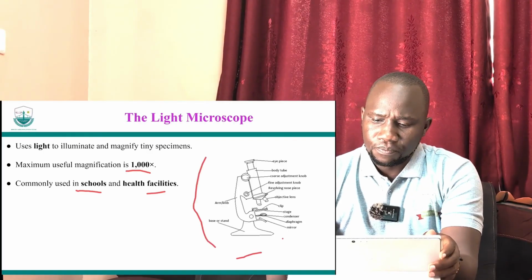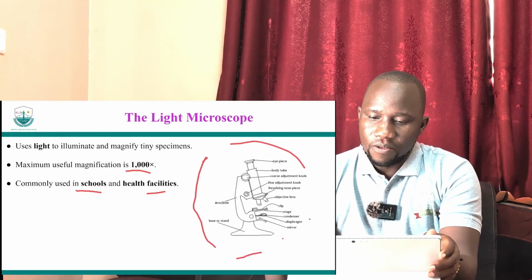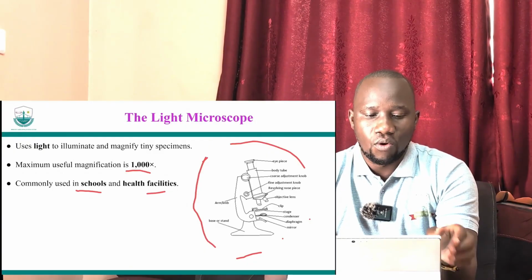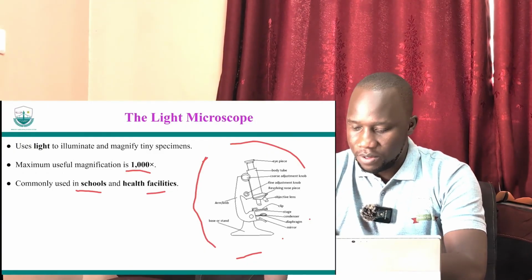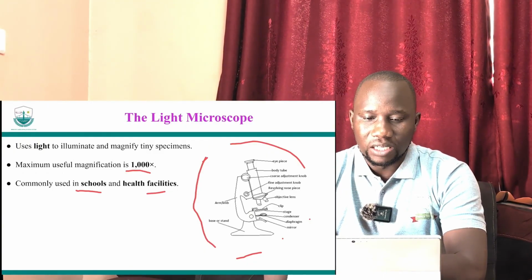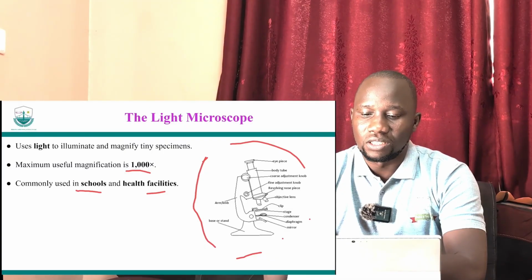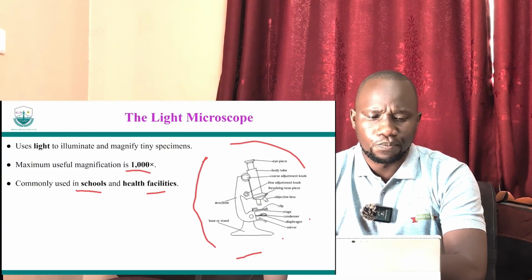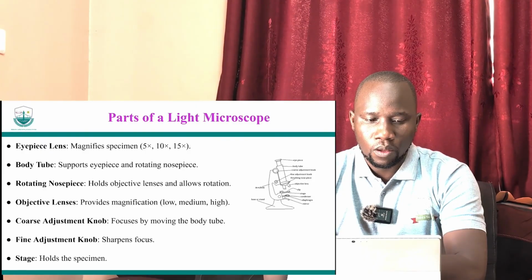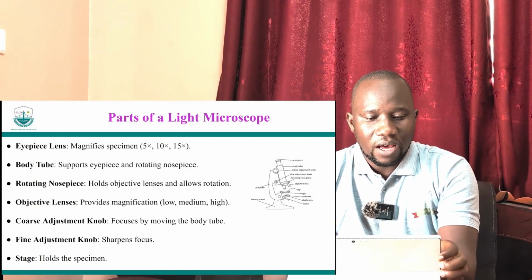What you see here is the diagram of the light microscope, and we are going to look at the different parts and what they are used for. So we have what you call the eyepiece.